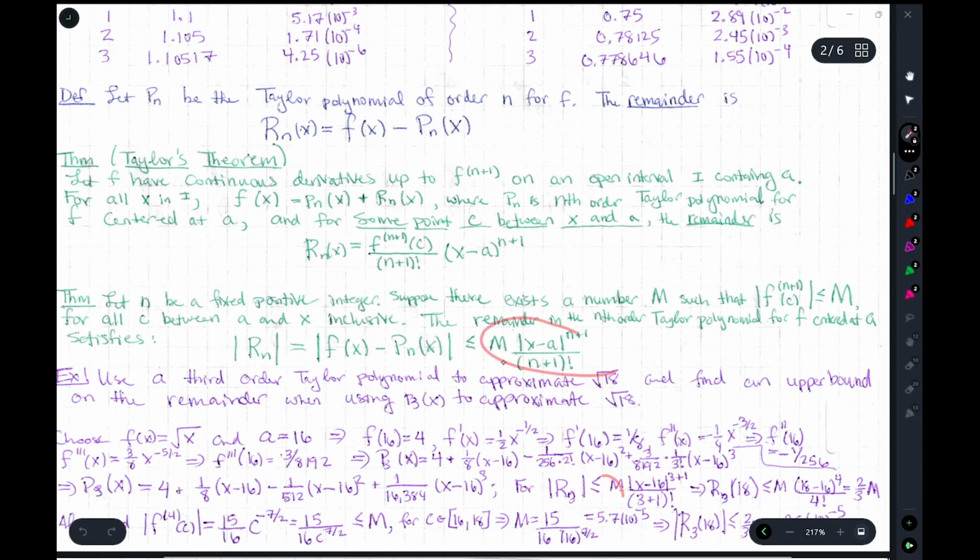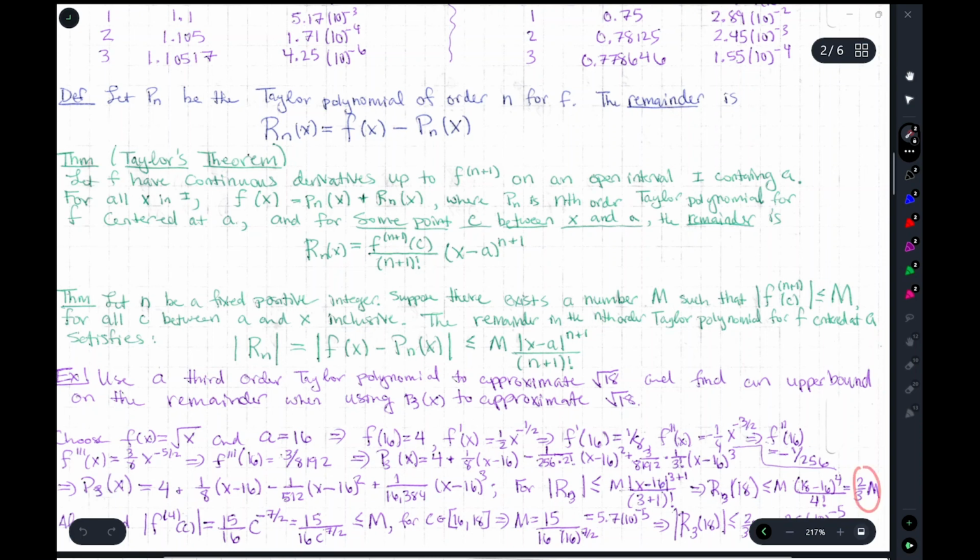Well, we take a look at this theorem. We do have a bound M times the absolute value of x minus 16 raised to 3 plus 1, because n is equal to 3 here, over 3 plus 1 factorial. And now we want the remainder at 18, and that's why that 18 was plugged in over here.